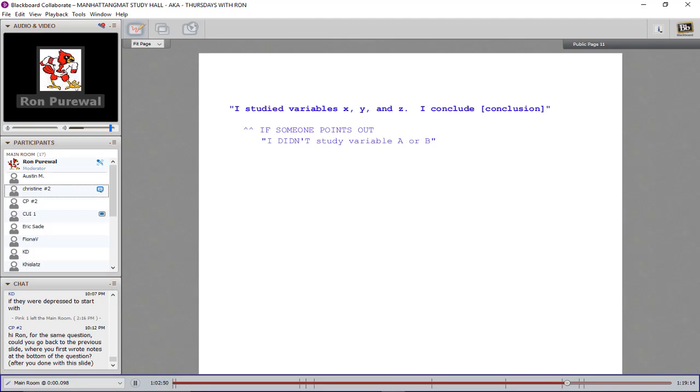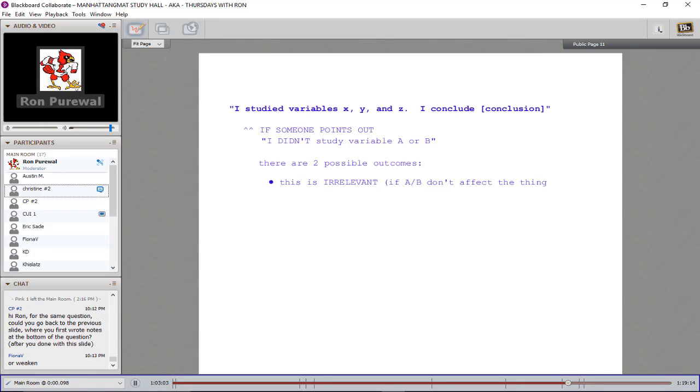There are two possible outcomes, which are either this is irrelevant if A and B don't affect the thing I'm studying, or this will actually weaken my conclusion if those things do affect it.